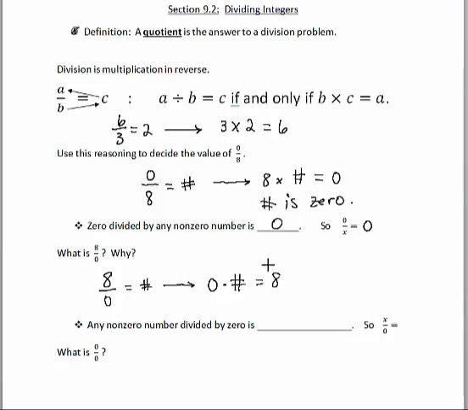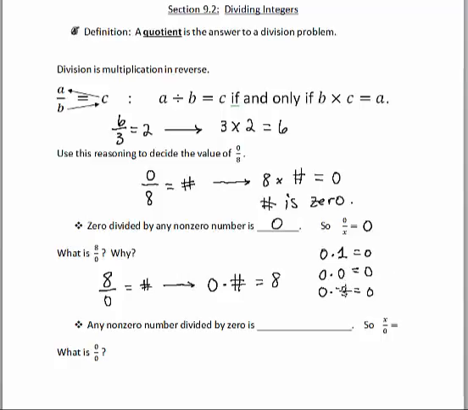Okay, you can try to think of a number, but you will not find one. 0 times 1, 0. 0 times 0, 0. 0 times a negative number, negative 5, 0.